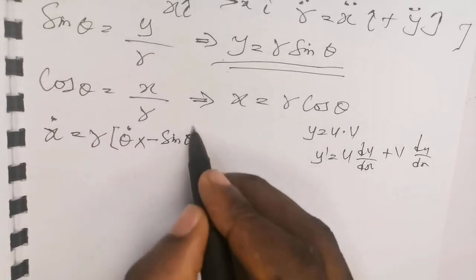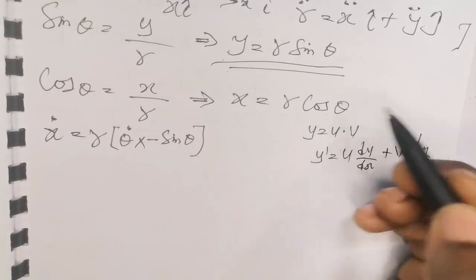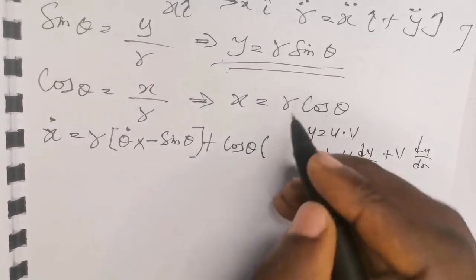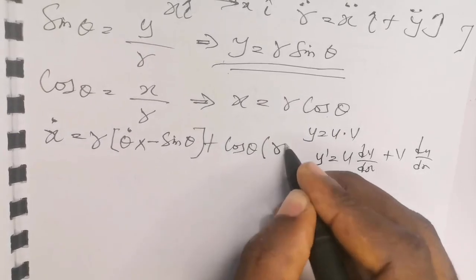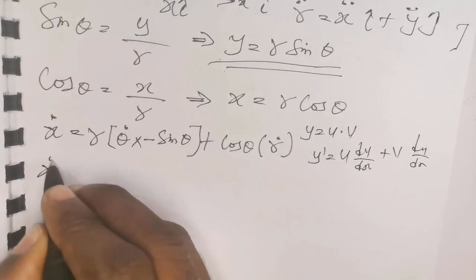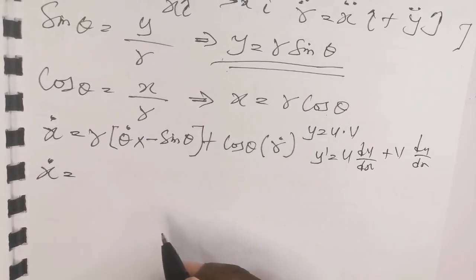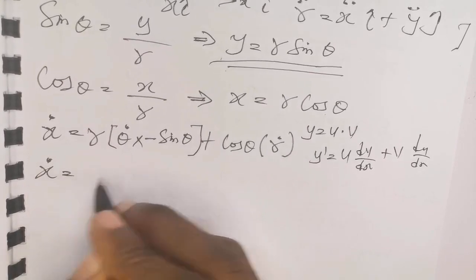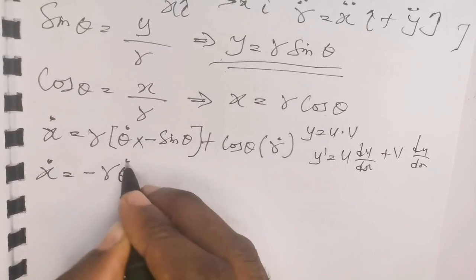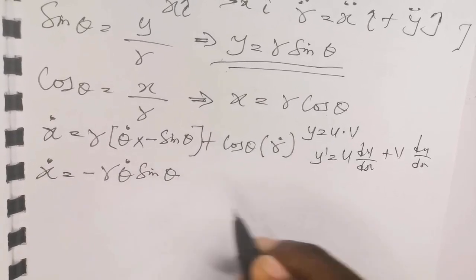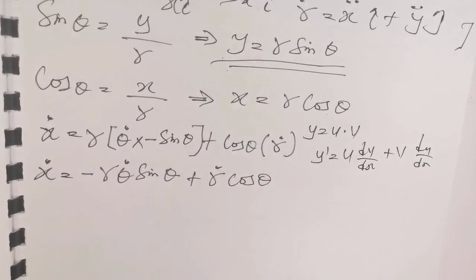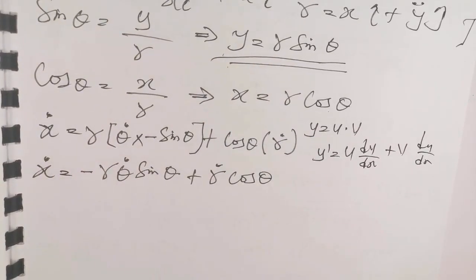So that's the first rule obeyed. Hold r, differentiate cos theta, plus, now you hold cos theta, differentiate r. If I differentiate r, I will simply have r dot. So this implies that x dot is equal to minus r theta dot sine theta plus r dot cos theta. So this is our x dot.